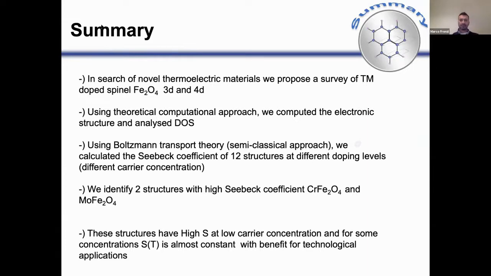Using a theoretical approach, I computed the electronic structure and gave you my results in terms of DOS analysis. Using Boltzmann transport theory, which is a semi-classical approach, we calculated the Seebeck coefficient of 12 structures at different doping levels. And we identified 2 structures with high Seebeck coefficient, which are chromium and molybdenum iron oxide.